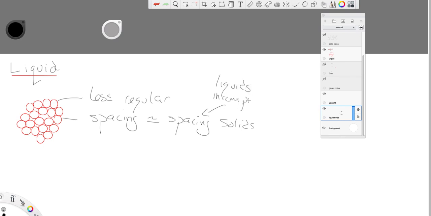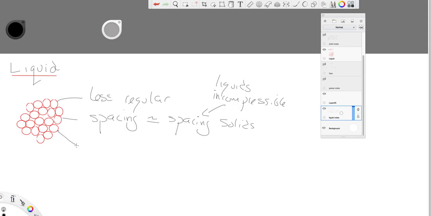because the atoms or molecules in your liquid are also touching, and so just like a solid, you can't squeeze your liquid. So you have less regular arrangement. The spacing is about the same as the spacing in a solid. That means liquids are incompressible just like solids.